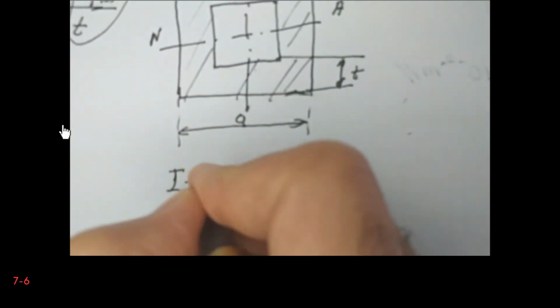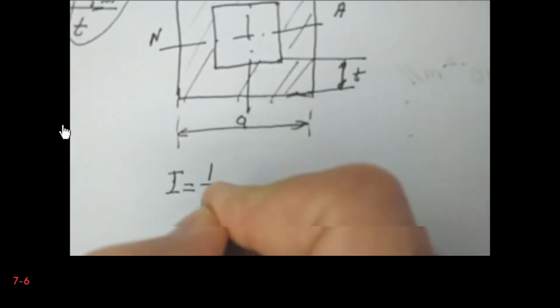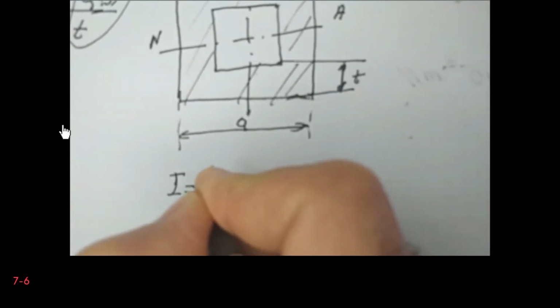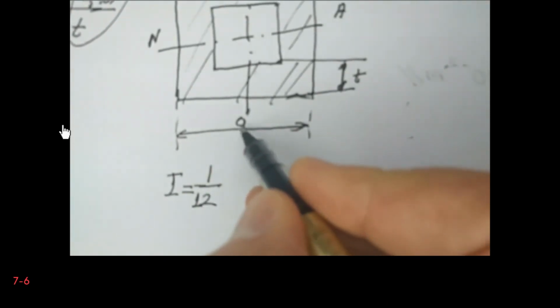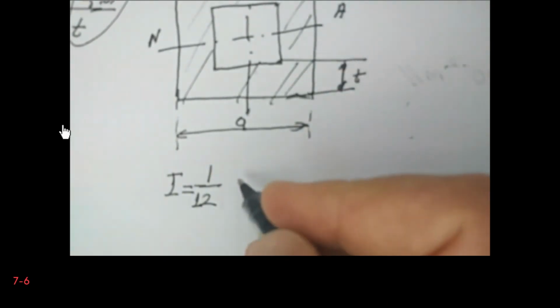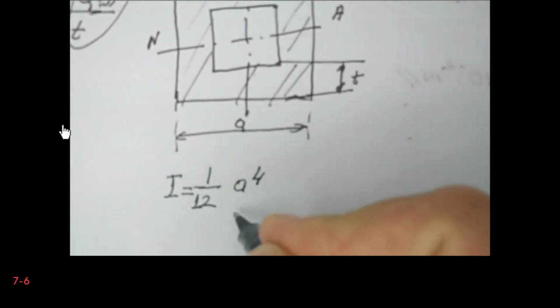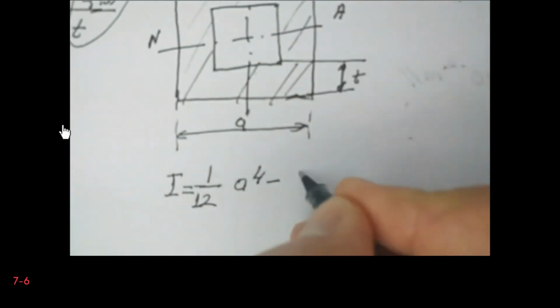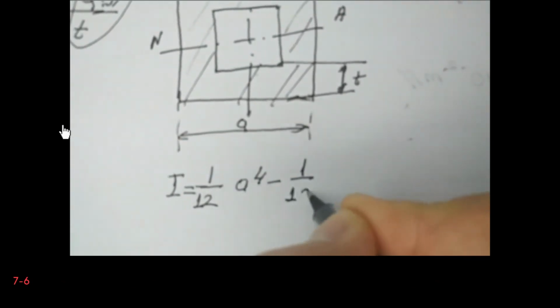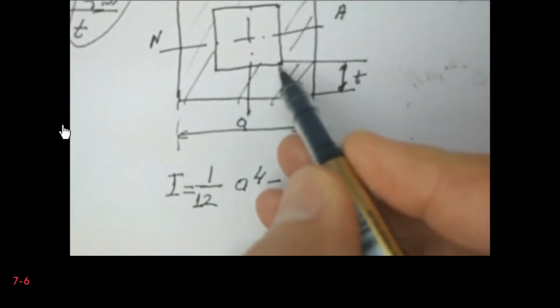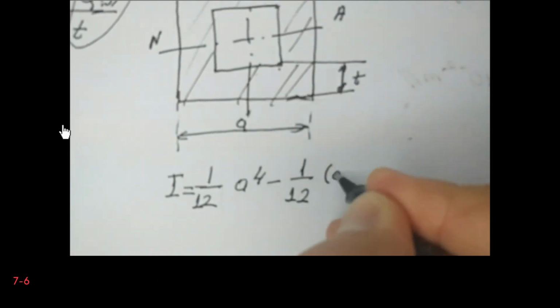So I is equal to 1 over 12, now the width is equal to the height for this problem, so it is a to the power 4, minus 1 over 12, this distance is a minus 2t, to the power 4.